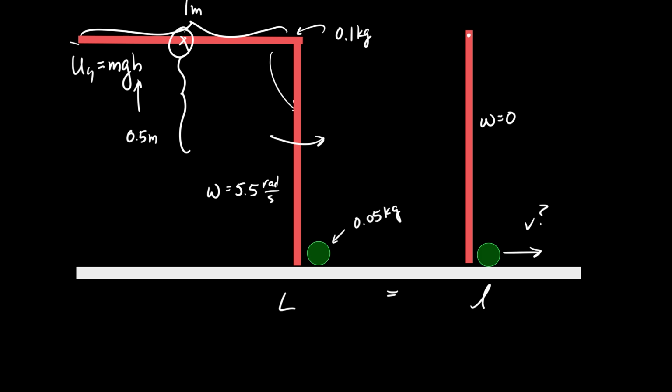So I'm going to start with the angular momentum of the meter stick. That's a 1/3 m L squared times omega, which is 5.47. Angular momentum of the meter stick. Just I omega.